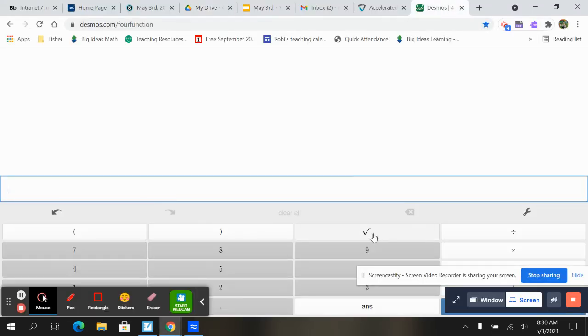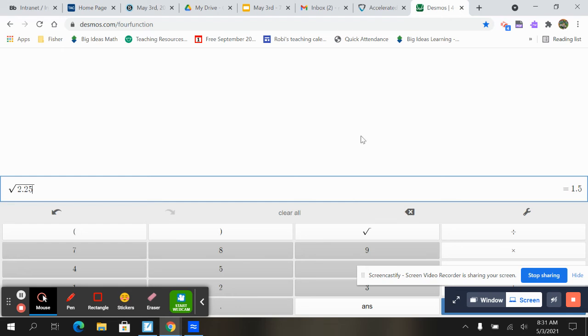Over here with the Desmos calculator, do you see the radical sign there? See that? And the cursor comes up underneath. So if you plug in 225, look what it gives us over here to the right. Do you see it? It's 1.5, that is correct.